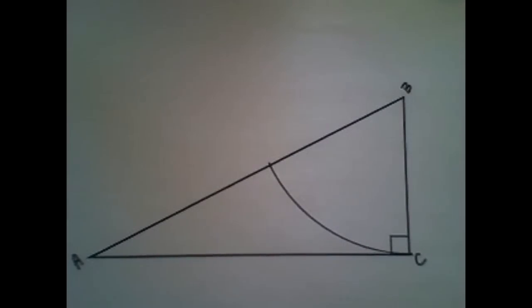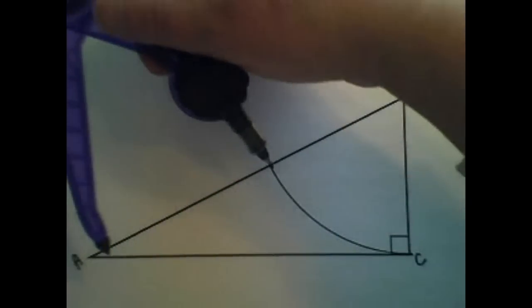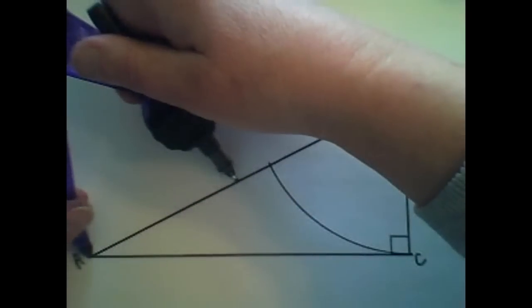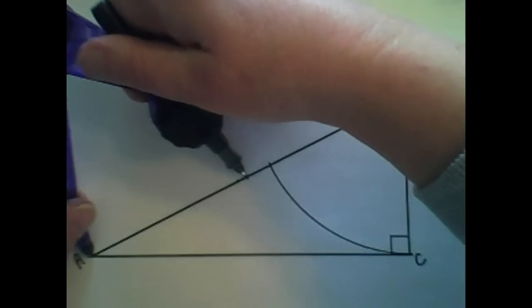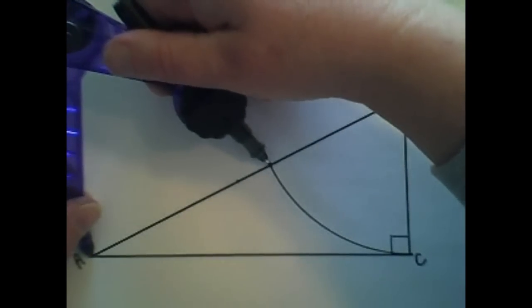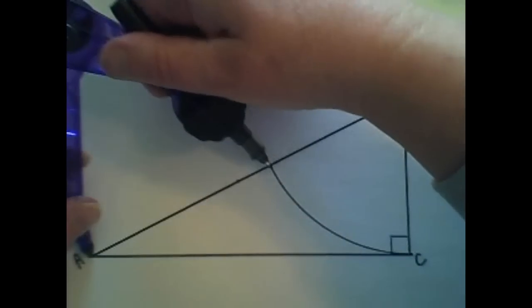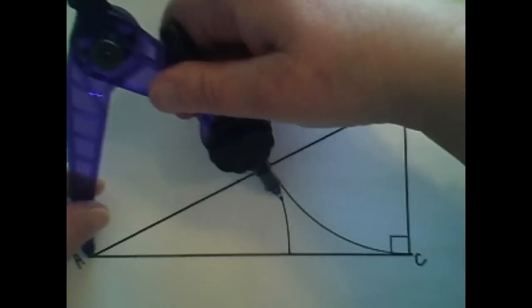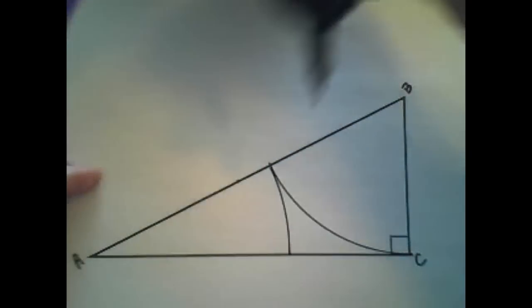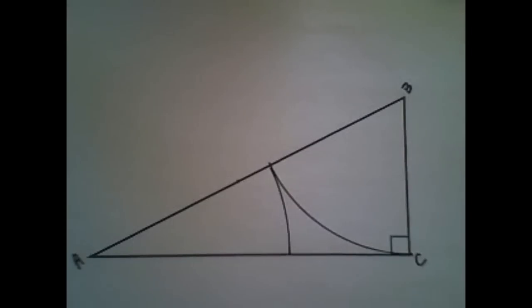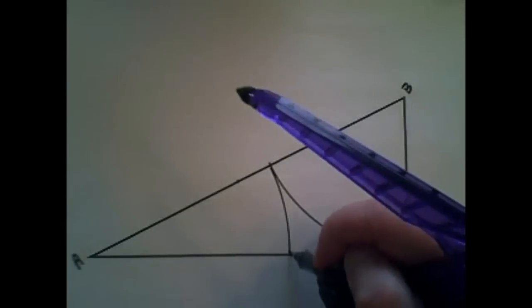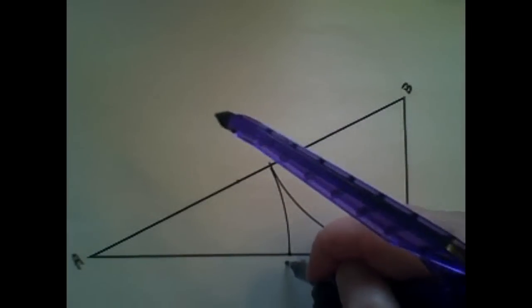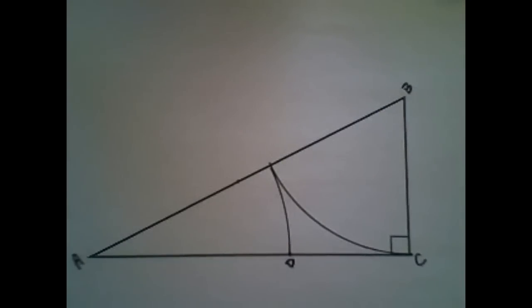Now we're going to come over here to point A, and we'll use the compass to measure the distance from point A to this intersection alongside AB. And now we'll make an arc like this. Let me call this point D. Alright, so we don't have a rectangle this time, so it's a little harder to see that golden ratio.